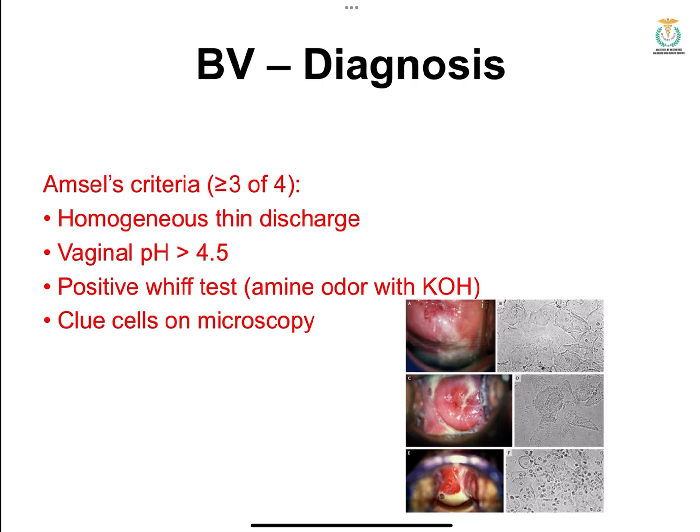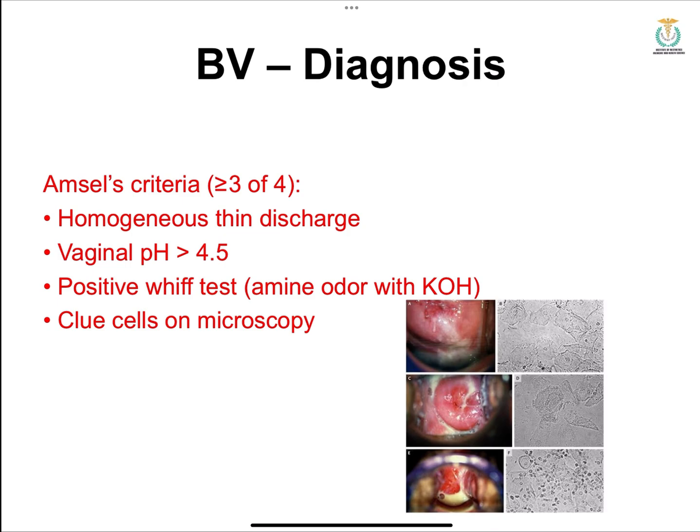Now, how can we diagnose bacterial vaginosis? Diagnosis is done with Amsel's criteria. There are four criteria, and if three or more of these four are present, then it is bacterial vaginosis. First, look for a homogeneous thin discharge.